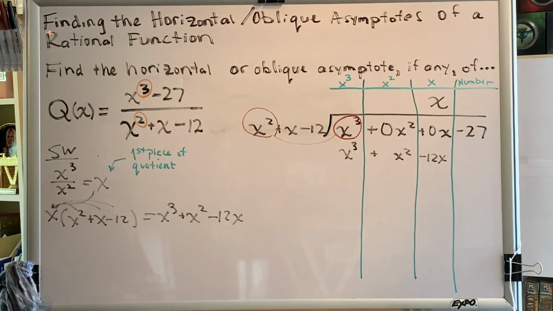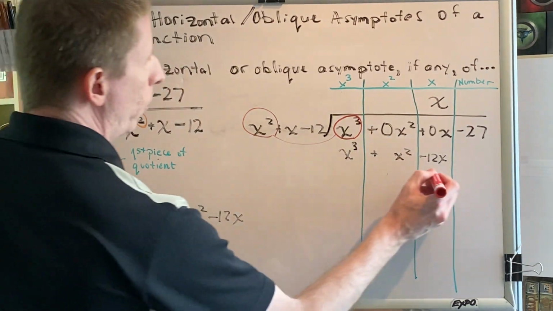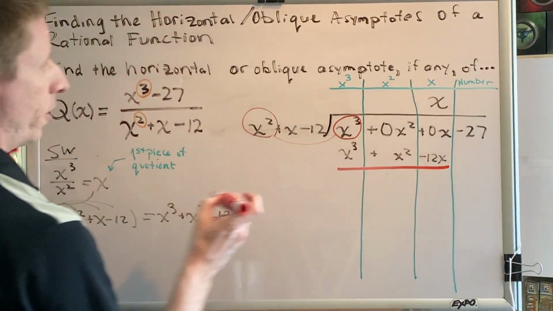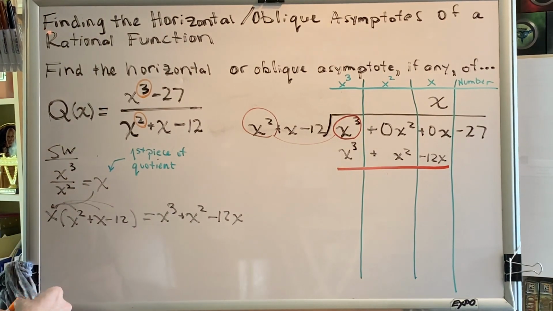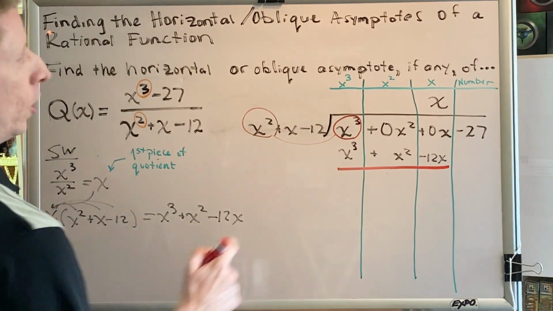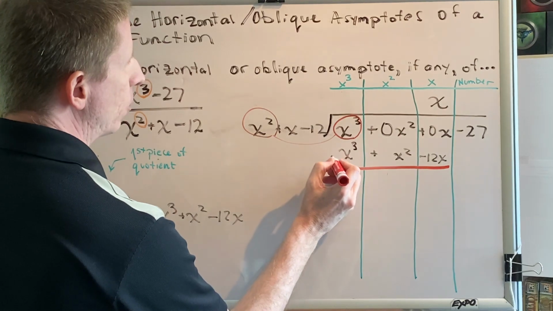Next, perform the rhyme, which says, draw the line, change the sign, then combine. So, we will draw the line underneath each of the new terms we just added to our problem. We will change the sign of each of those terms.